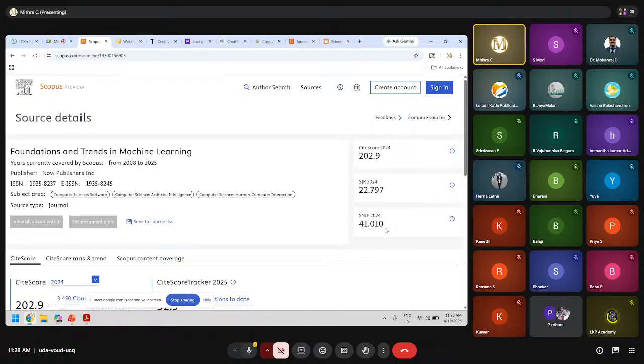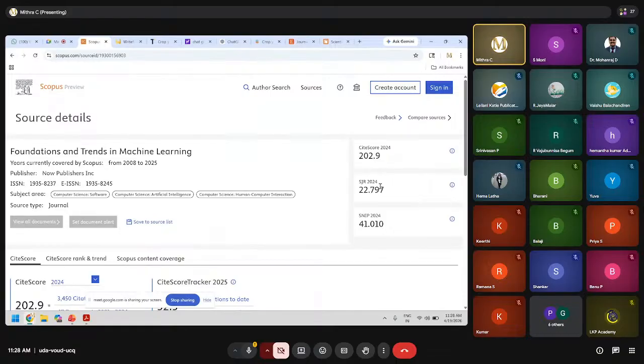Next, Q2 refers to 25 to 50 percent, so 25 to 50 percent of people will be able to publish reputed articles in reputed journals. Next, 50 to 75 is considered Q3, and 75 to 100 percent of people will publish in Q4. This is what the standard relies on. According to our scenario, our aim needs to be to publish in Q1 and Q2. That is what the very high impact journals rely on.